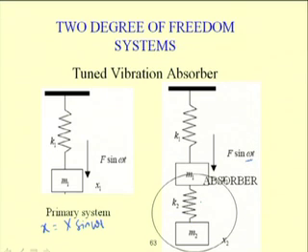If one uses a spring and mass in such a way that omega equals root over k2 by m2, then it can be shown that the amplitude of vibration of the primary system can be reduced to 0, and at the same time the secondary spring and mass system will vibrate with a frequency equal to that of the applied force. So, to absorb the vibration completely in a primary system, one can use a tuned vibration absorber.